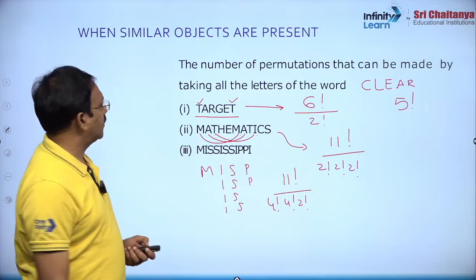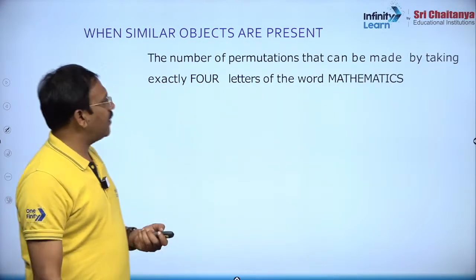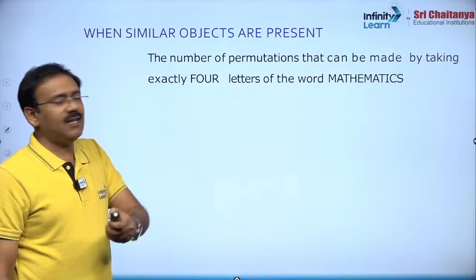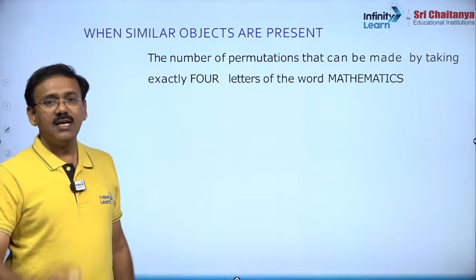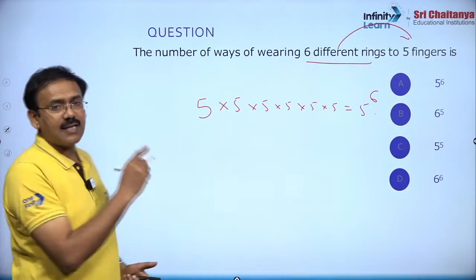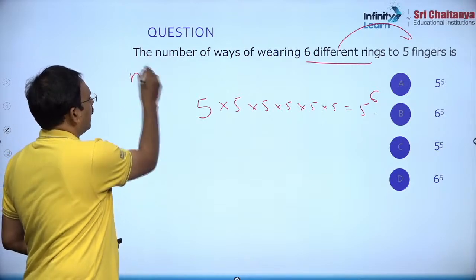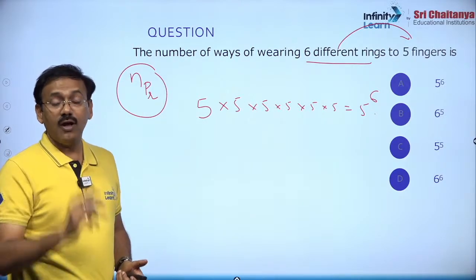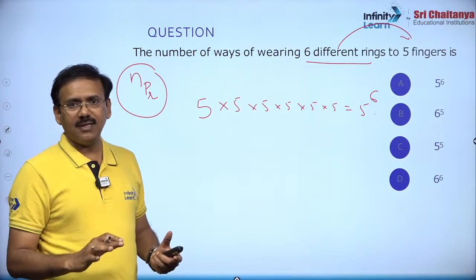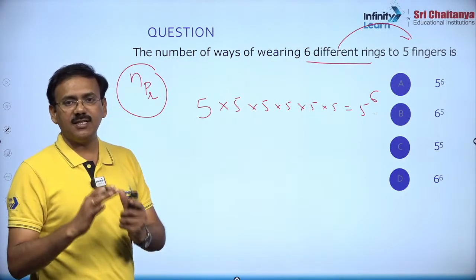Now, the number of permutations that can be made by taking exactly 4 letters of the word MATHEMATICS. It's a beautiful question. The formula nPr is allowed when all the n things are dissimilar, repetitions are not allowed, and we are arranging in a row.